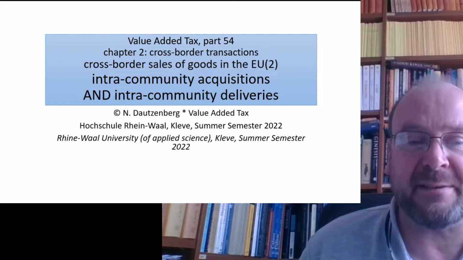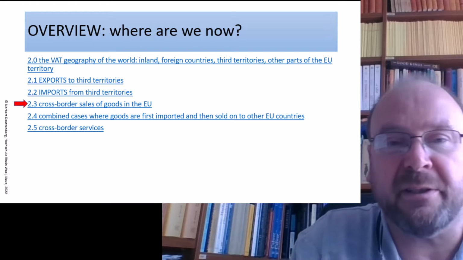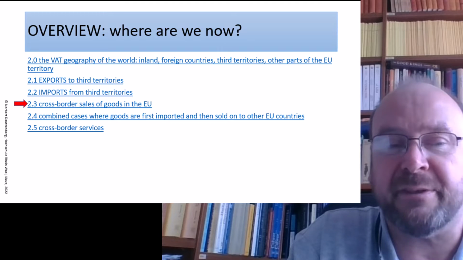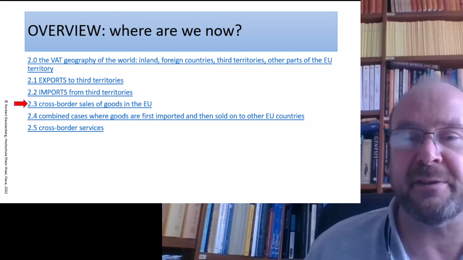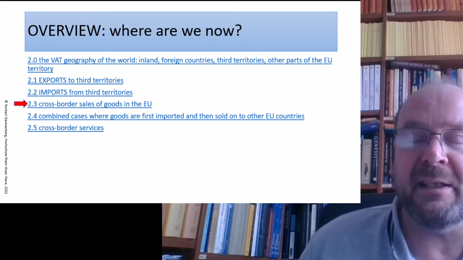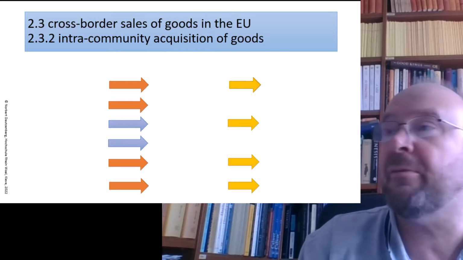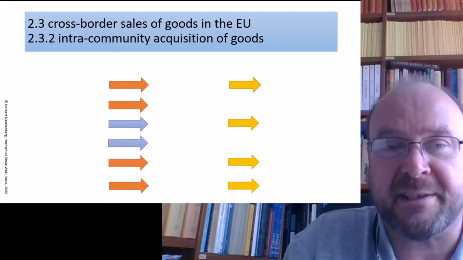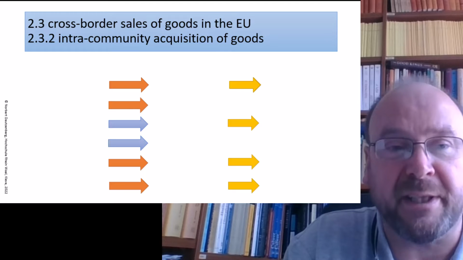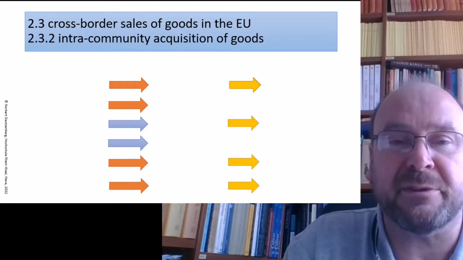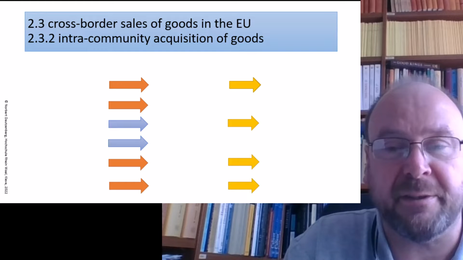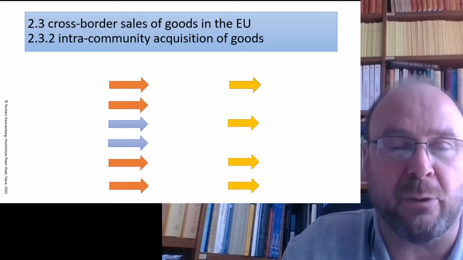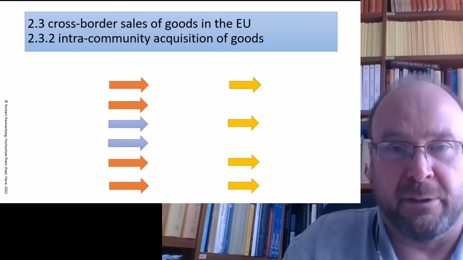Let us first remember where we are in the overall chapter on cross-border activities. We are here in 2.3, the cross-border sales of goods in the EU. If we have now the idea that we want to make a buyer taxable with purchases from another EU state in the country where the good goes to, for reasons of simplicity, then we need rules within the law which exactly order that, and we need to know where to find them.